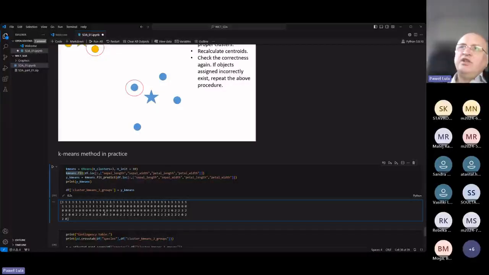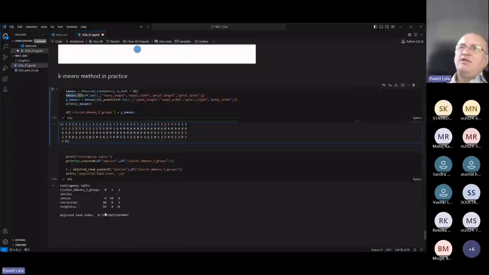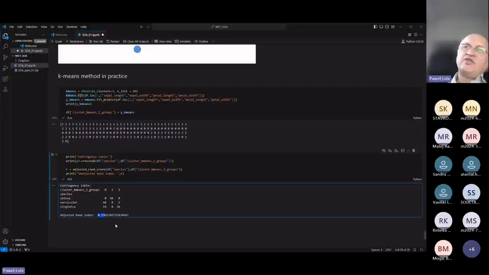And we see here the comparison of the results obtained with the real classification. The Rand index is on the level of 0.73. So the quality of results is similar to those which we obtain using Ward's method.